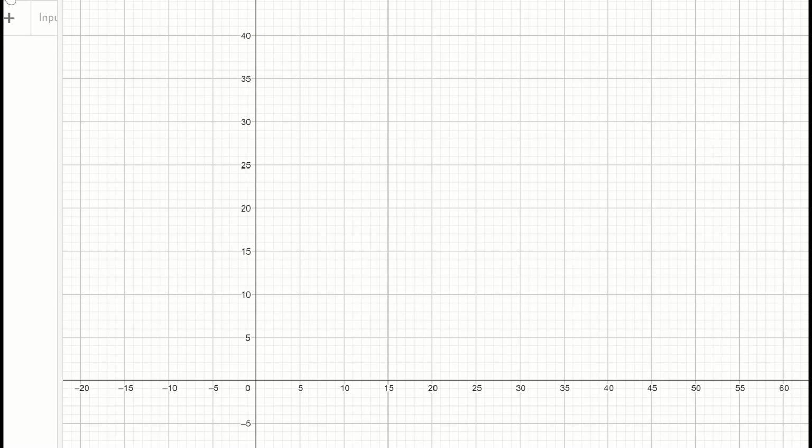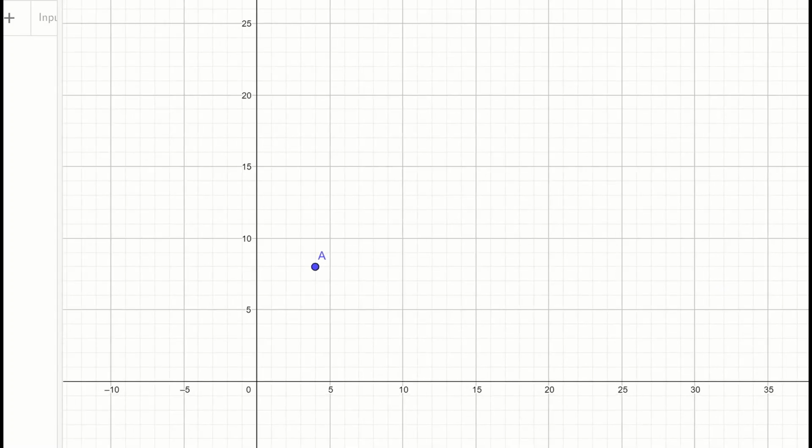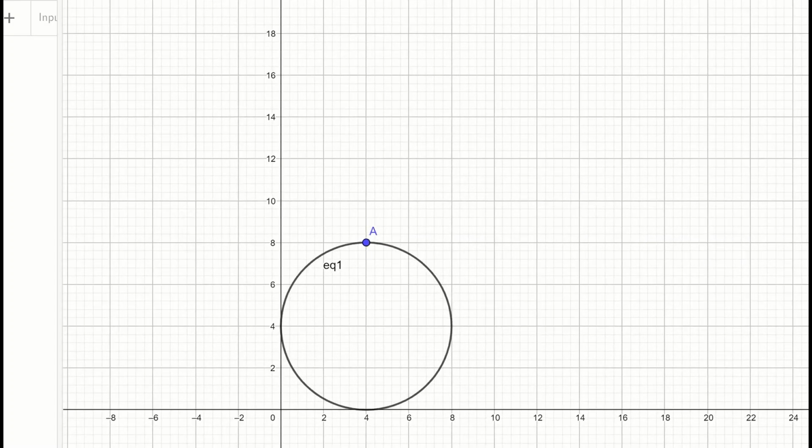So both circles touch the point 4, 8. So I've just sketched that there on my graph. So that's the point there. I've labeled it as A. And it then tells us that the circles touch both axes. So I'm going to put up the first one here, and you can hopefully see it in a little bit more detail. So the first circle is drawn there. And because it touches both axes, it basically means that the center of that circle is 4 across and 4 up.